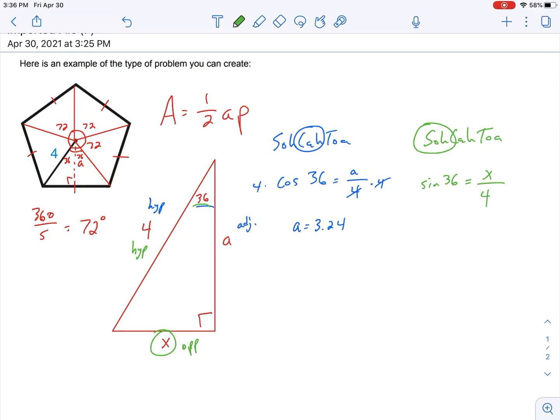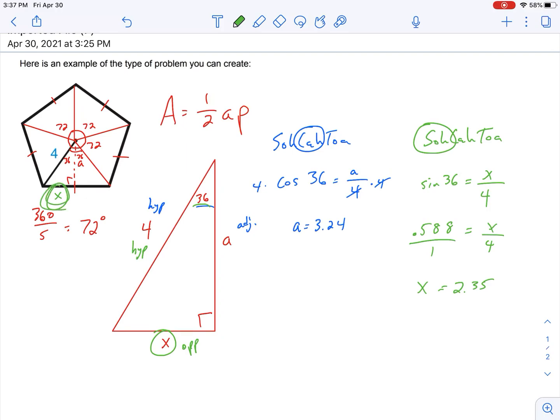The other way I taught you how to do these was you can type in the sine of 36 right then, and it's about 0.588 equals X over 4. I can put 0.588 over 1 and just cross multiply. 1 times X is just X. 0.588 times 4 comes out to 2.35.